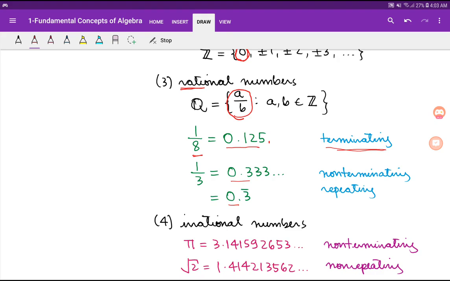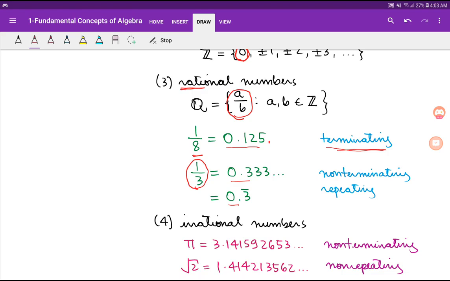For non-terminating and repeating decimals, an example is 1/3. If we convert 1/3 into a decimal number, it will be 0.3333 and so on. The digits do not stop at any finite decimal place. There will be infinitely many 3s in the decimal representation of 1/3.